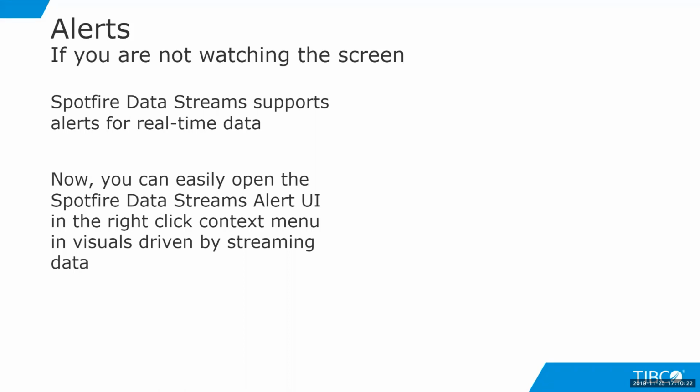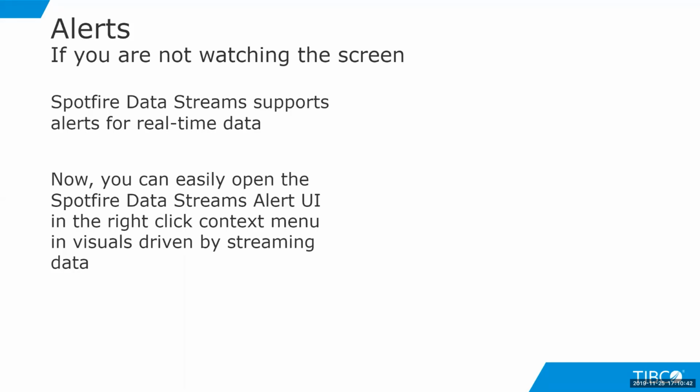When you are looking at real-time data, of course, the subject also often comes up that perhaps I'm not looking at the screen exactly when something happens. In 10.6, we also introduced the ability to configure real-time data alerts.